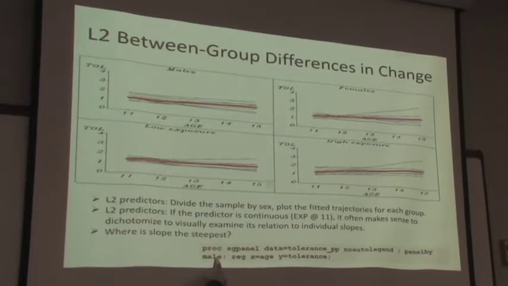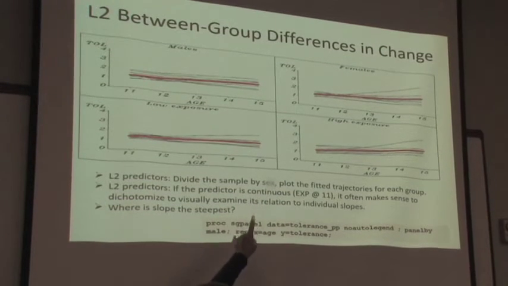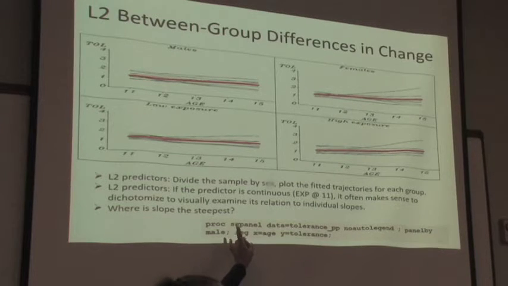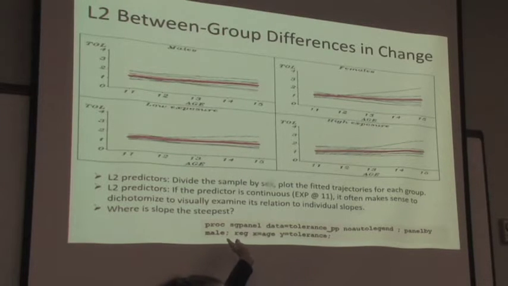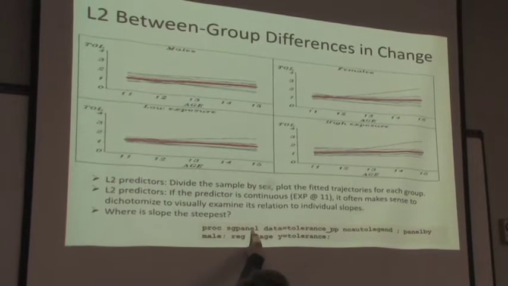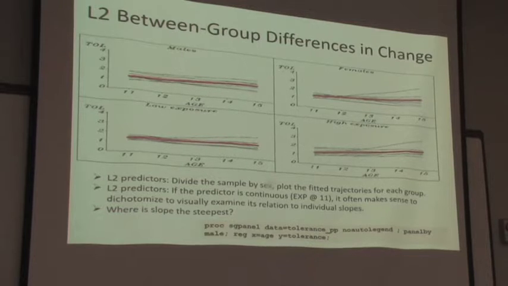This is just the spaghetti plot code for SAS. SPSS isn't so great with graphics. I don't really use it for graphics, so I don't have the other one. But we've got proc sgpanel. The data set is called tolerance_person_period.